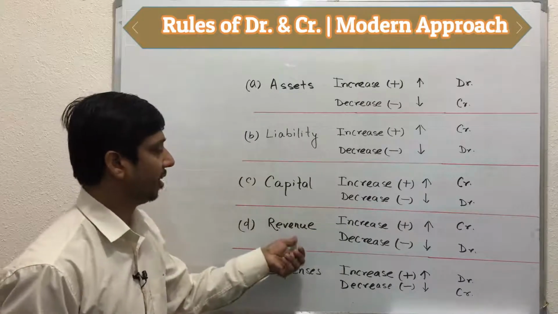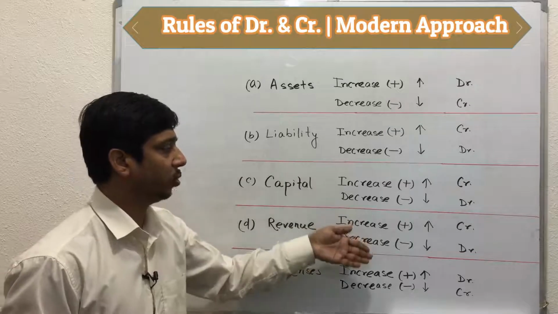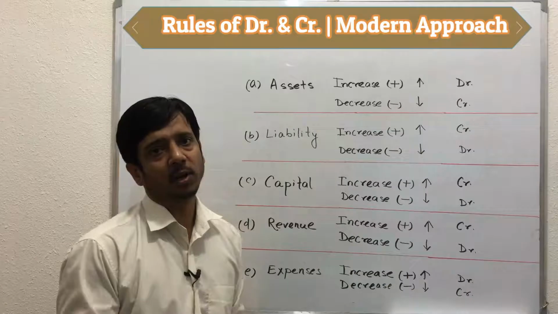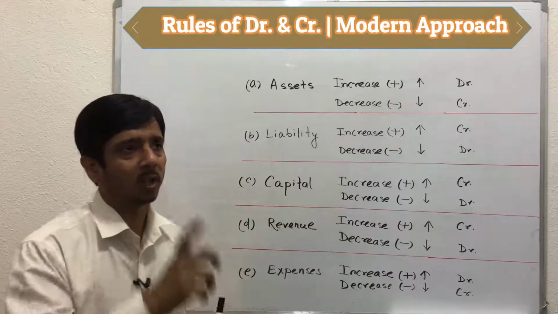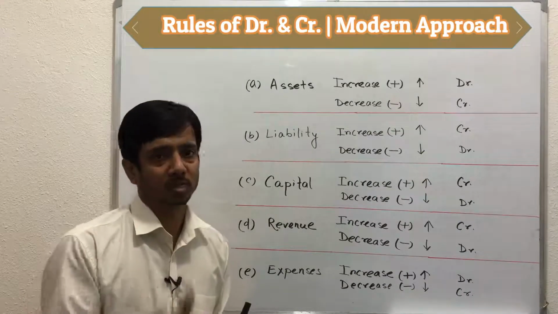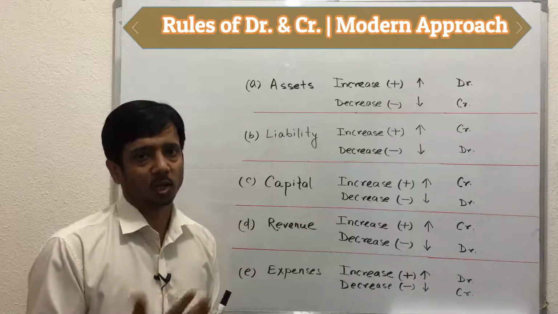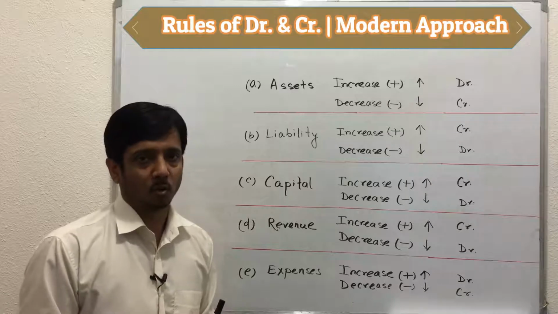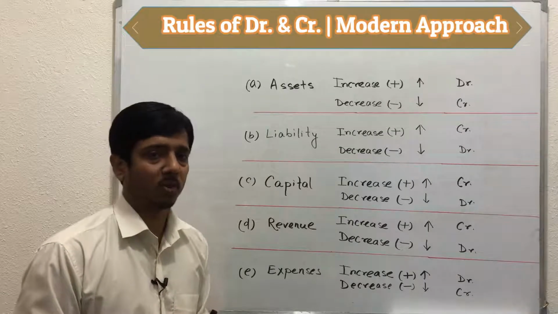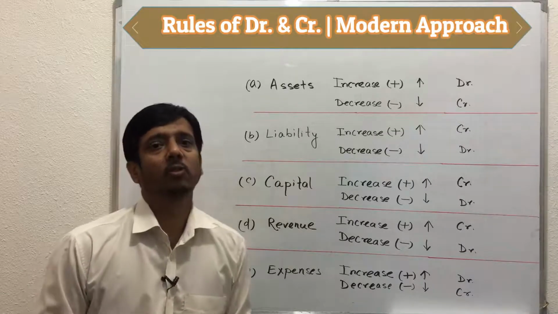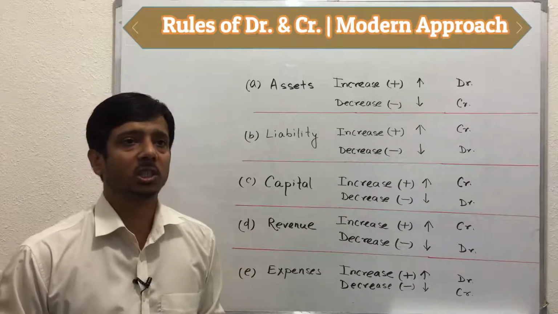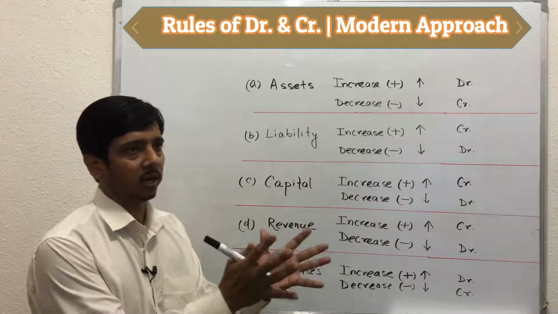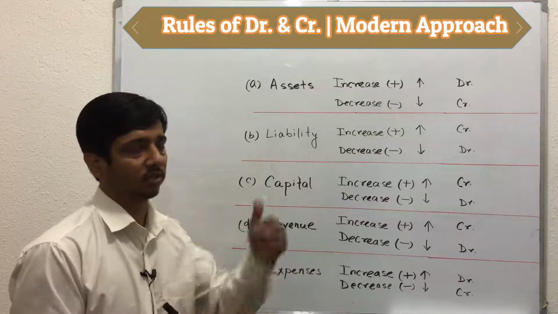The next is revenue. Increase in revenue is credited, decrease in revenue is debited. The most important example of the revenue is your service revenue, your actual operations of the business, providing the services and delivering the goods or selling the goods. Sales is also an example of the revenue. The other type of the revenue that you can have is the commission received, discount received, rent received, etc. So whatever revenue you get, that is credited if it is increasing.